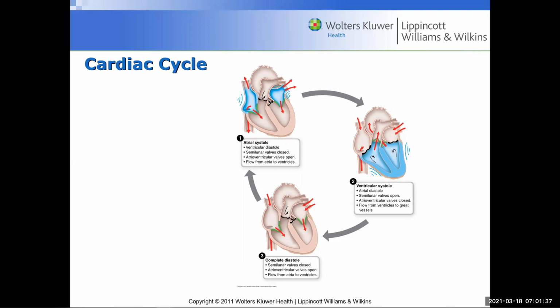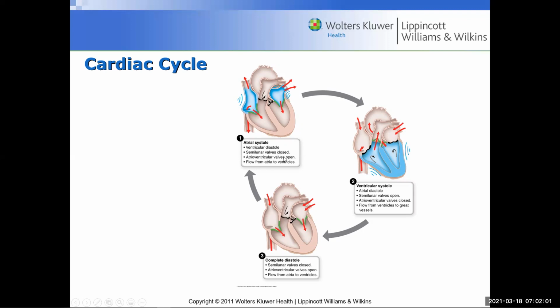So if we look very carefully, we would notice those arrows, and they show the blood pressure flow. The red arrows are pressure gradients that do not result in blood flow. So it's very important to take note of this in terms of the movement of the blood itself. One, atrial systole, where you have the relaxation, ventricular diastole.